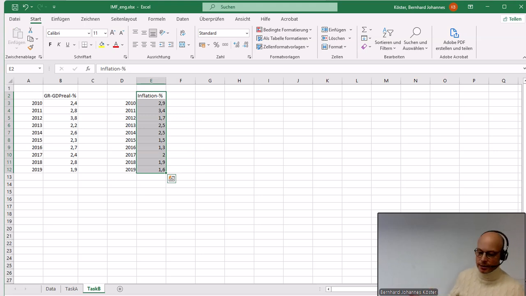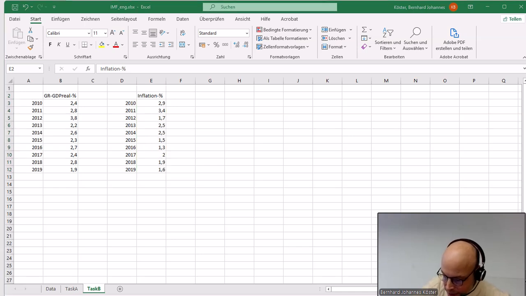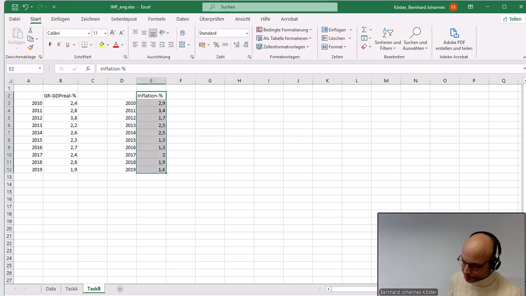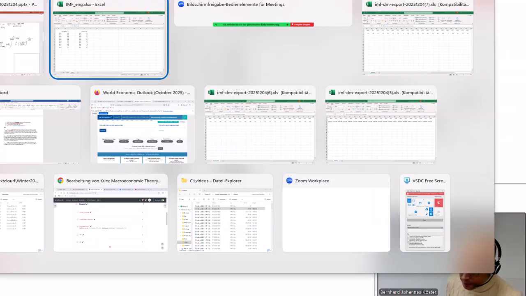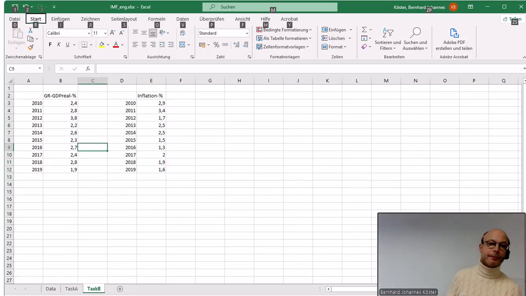So the first task is to calculate the average growth rate. How can I do this? Maybe you can help me. Yes, so be careful what kind of data I have already. I have already the growth rates. In the first task, at the first step, I had to calculate the growth rates.